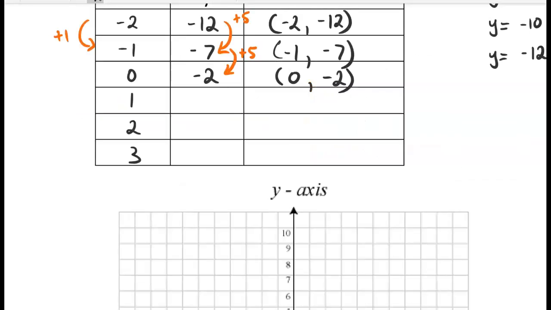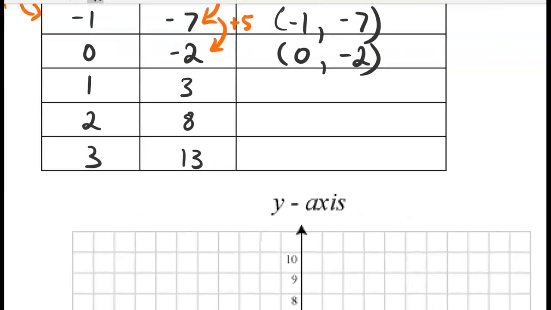From negative 2 plus 5 brings you to plus 3. 3 plus 5 takes you to 8. And 8 plus 5 takes you to 13. Now to write out our ordered pairs, x goes first, y goes second, and 3 and 13.